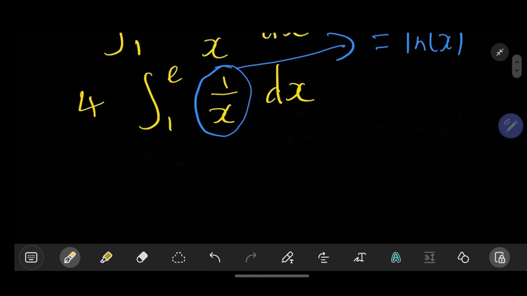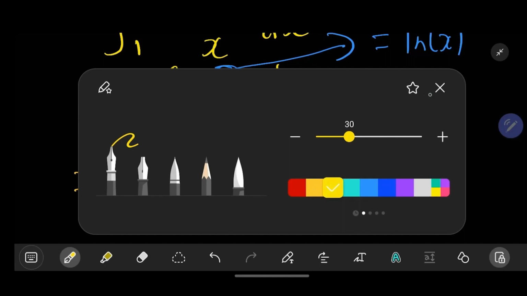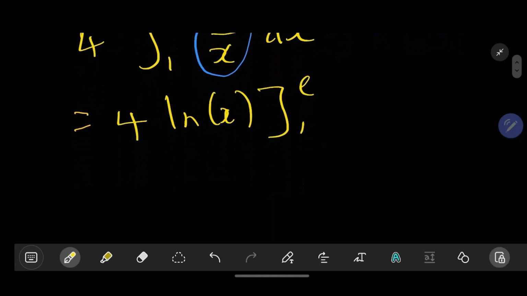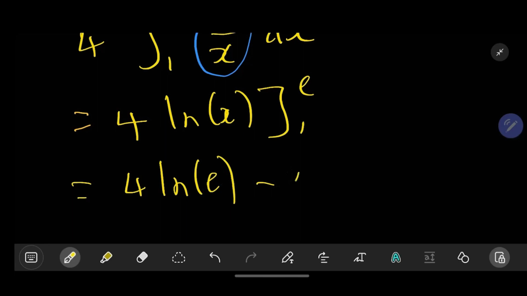In that case, we have this as equal to 4 ln of x, and now we can evaluate it from 1 to e. So this is equal to 4 ln of e minus 4 ln of 1.